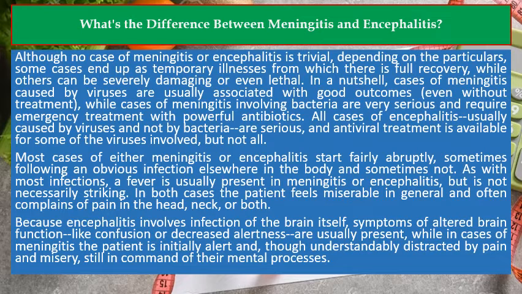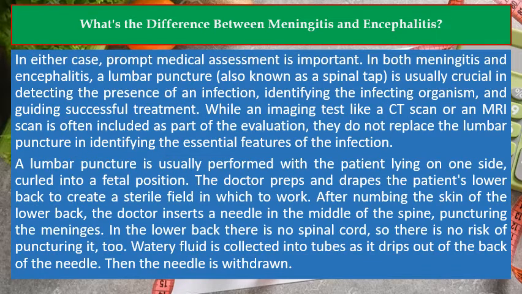Because encephalitis involves infection of the brain itself, symptoms of altered brain function like confusion or decreased alertness are usually present, while in cases of meningitis the patient is initially alert and, though understandably distracted by pain and misery, still in command of their mental processes. In neither case is prompt medical assessment unimportant.